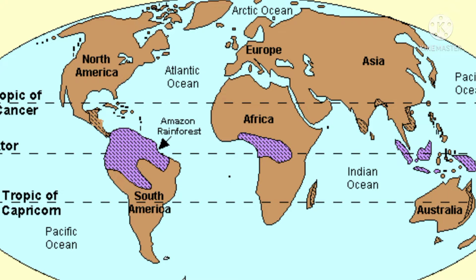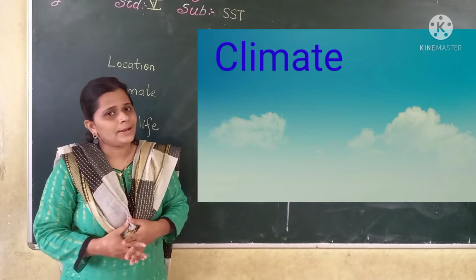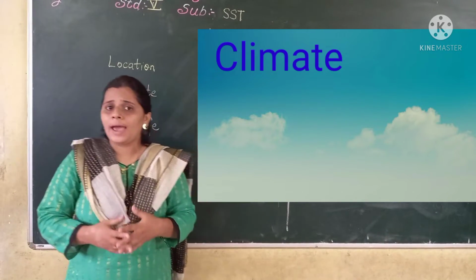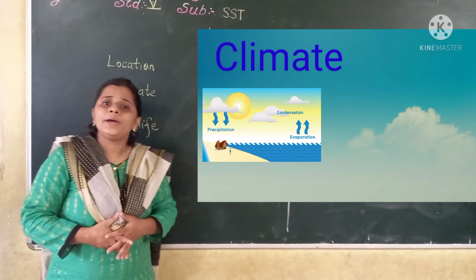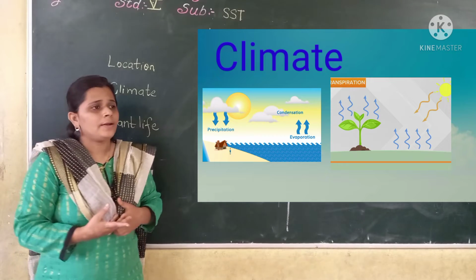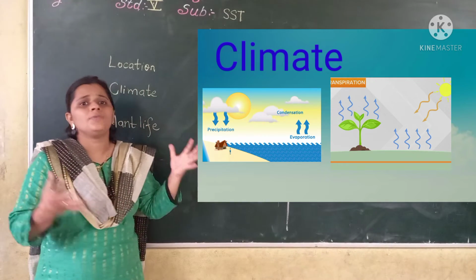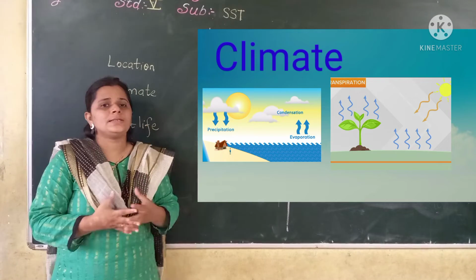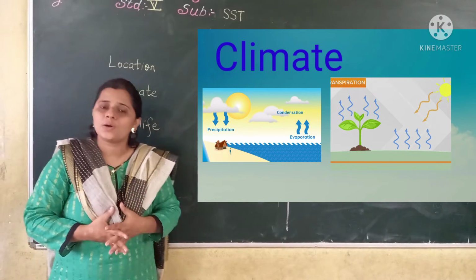Then we discussed the climate. How is the climate in this equatorial region? It remains hot and wet throughout the year, right? And here you see high humidity. Why? Because of the high rate of evaporation, as this place receives direct vertical rays of sunlight.